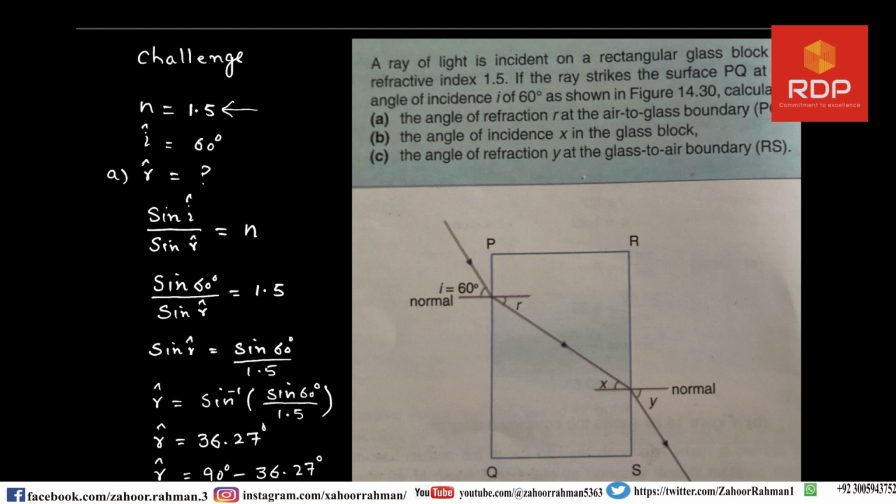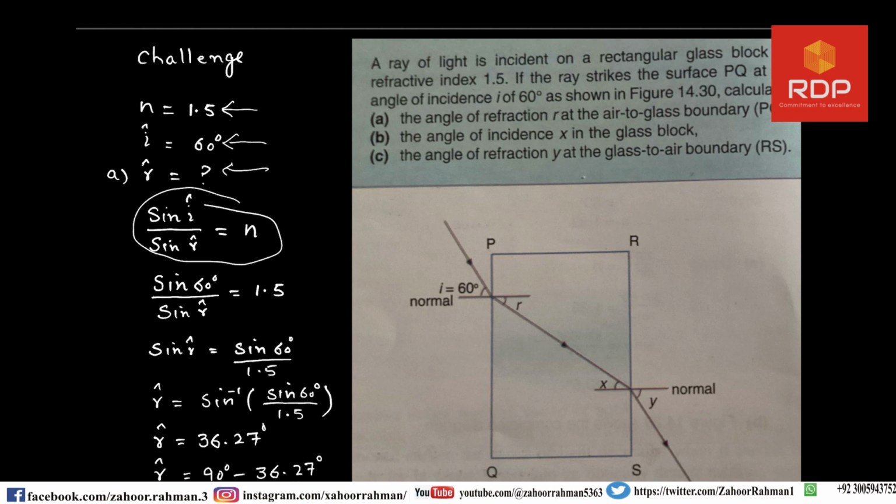Calculate part A. I is given as 60 and we have to find, in part A, the angle of refraction at the air to glass boundary. Now first they have written air and then glass, so it means the ray is entering from air to the glass as shown in the figure. So here in this case you have to use this formula, putting the data: sine 60 degrees divided by sine r is equal to 1.5.